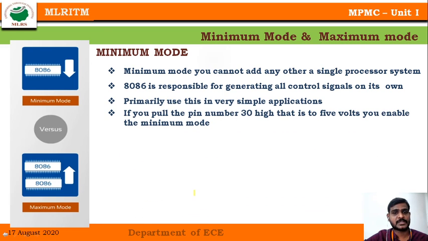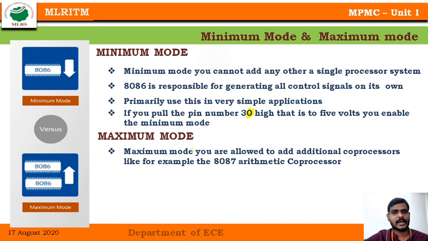The minimum mode is selected when pin number 33 is pulled up, connected to plus 5 volts; then the minimum mode becomes active. Similarly, in maximum mode you are allowed to add an additional processor, a co-processor: an 8087 arithmetic processor can be connected, and you could have an additional bus controller.